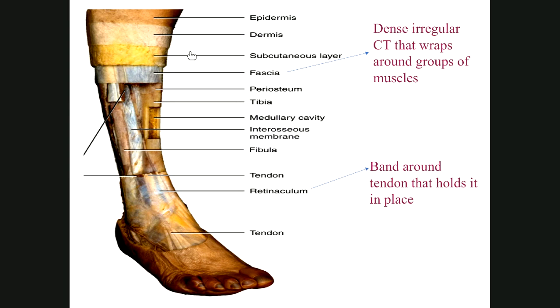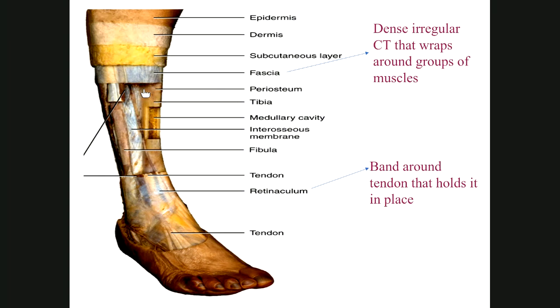If we pull that off, fascia is a layer of dense irregular connective tissue that covers the muscles. It kind of separates each muscle. If we take the muscles off, this is a tendon here, then we get to the periosteum of bone. The periosteum is that outer layer of dense irregular connective tissue.